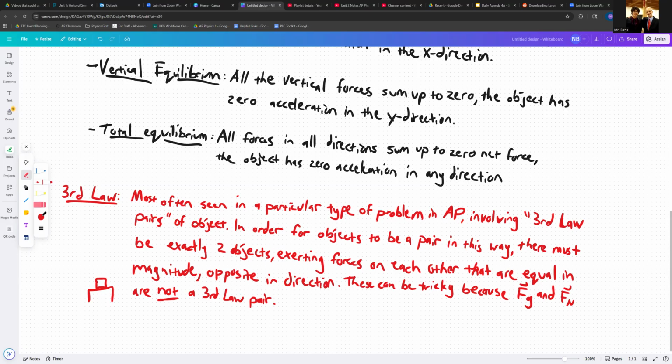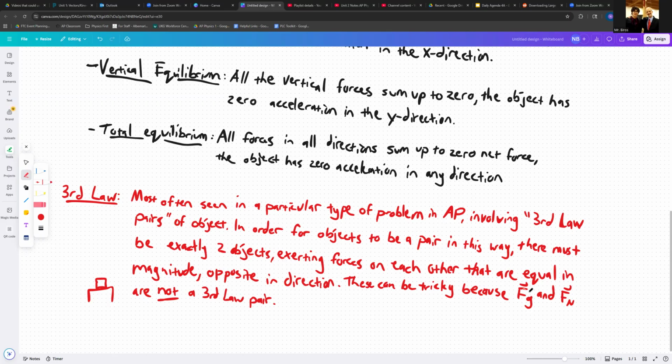Gravity, which is one of those forces that we might think, oh, surely gravity and normal force are a third law pair. One of those two forces, gravity, is the Earth pulling on the box. If you were looking for a third law pair, it would have to be Earth pulls on box, box pulls back on Earth. That mutual force of gravity between them would be a third law pair. But that's not gravity and normal force. Normal force is the table pushing on the box.